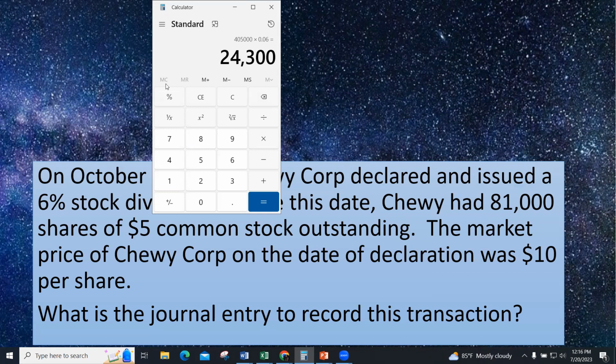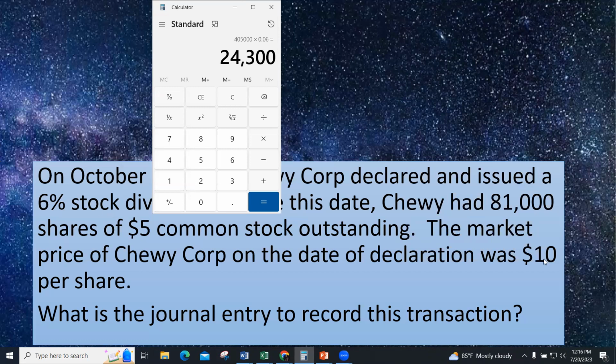So that's going to increase our common stock by 24,300. We took our common stock par value times the number of shares times the stock dividend percentage.